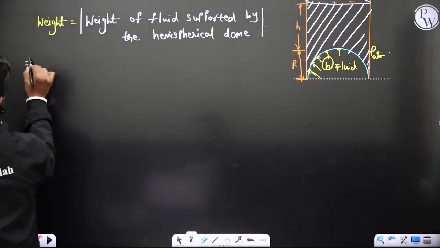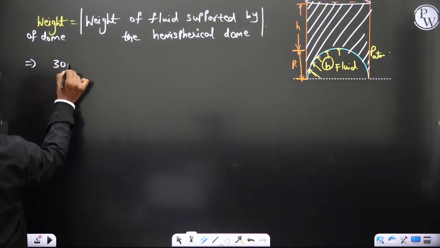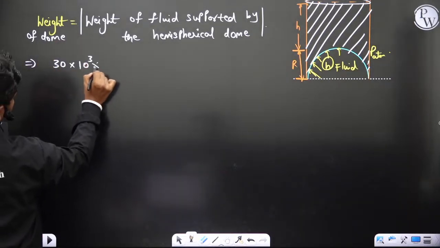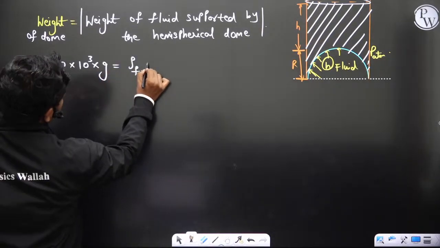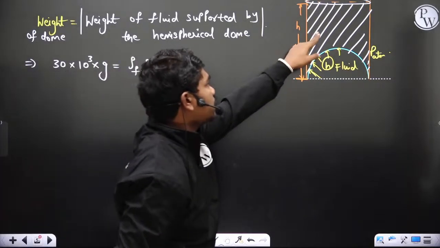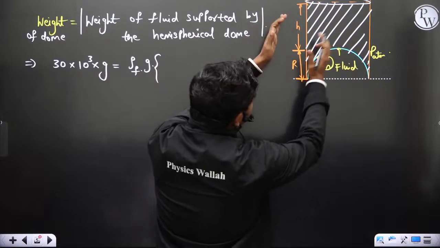So weight of dome is equal to, which is 30 tons, so 30 into 10 cube into G obviously. This is equal to density of the fluid into G into this particular volume. And what do you get for that volume? Look, initially this is completely a cylinder.